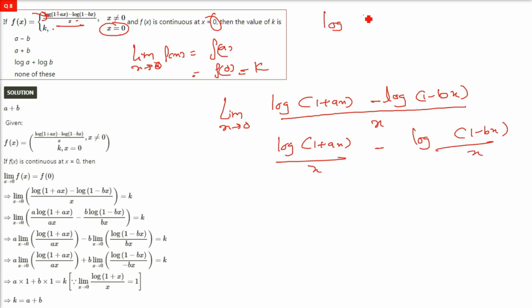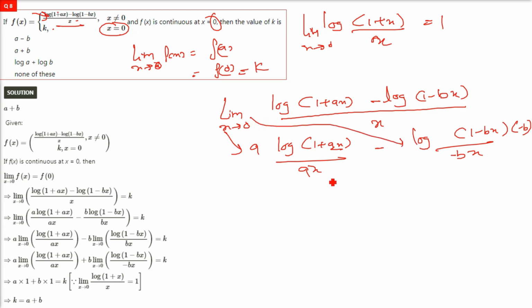Please remember, as I told you earlier also, log(1 plus x) divided by x, limit x tends to 0 is equal to 1. So since we have ax, we have a in the denominator, numerator also we introduce. Since it is minus bx, you can have a minus b here, multiplied by minus b in the numerator. So let us apply the limit here on both sides.